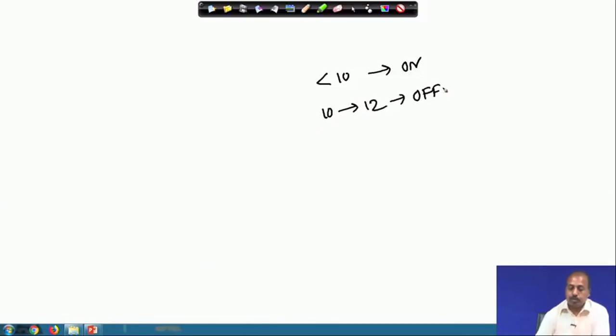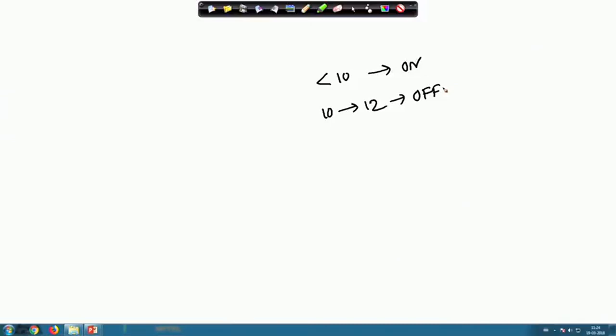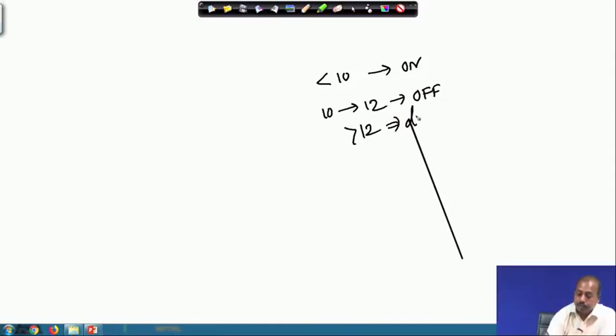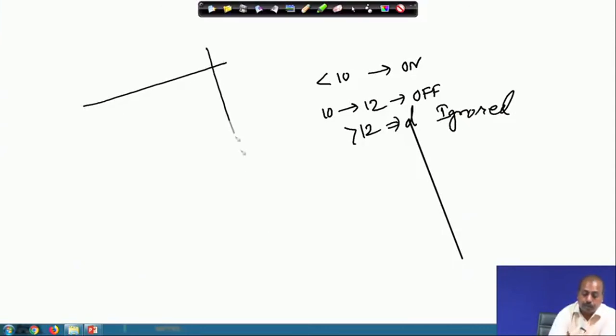So, if the value is less than 10, the light must be on, and if the decimal value is between 10 to 12, the light should be off. However, for a value greater than 12, it does not matter. It can be ignored.